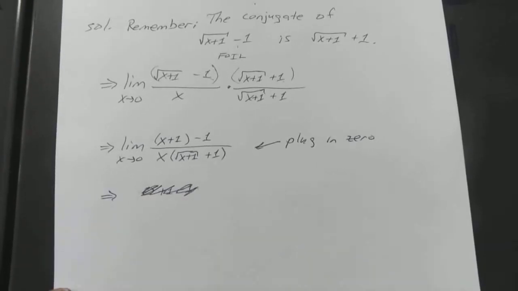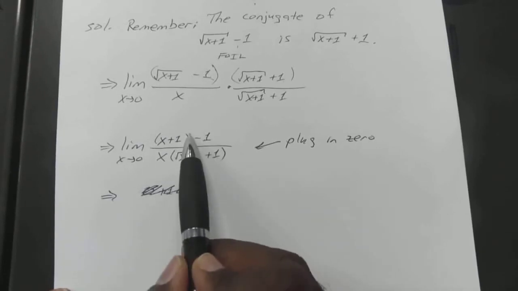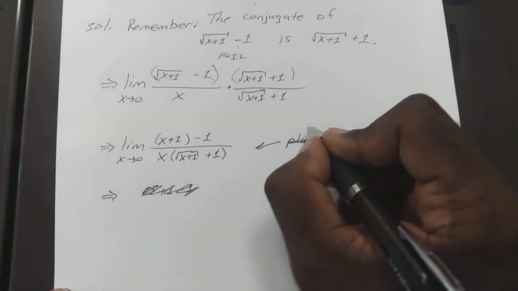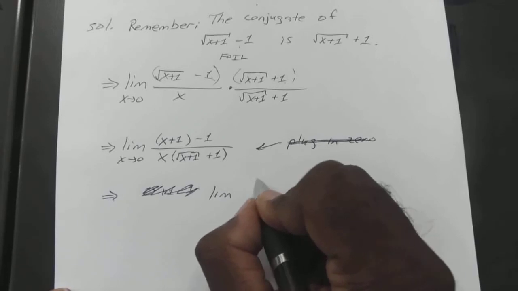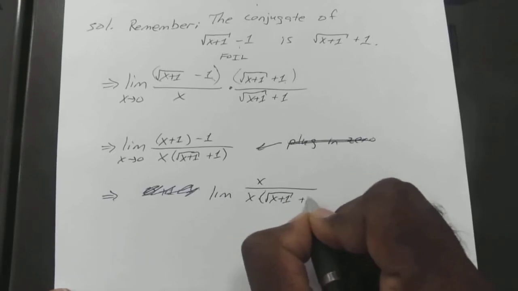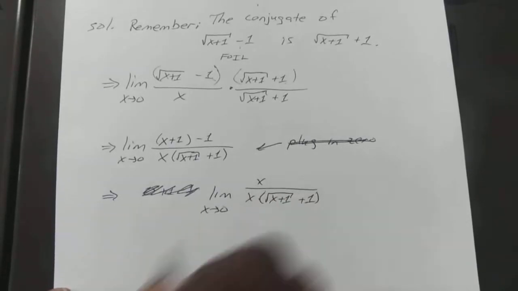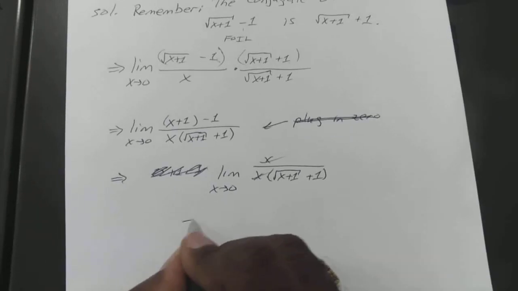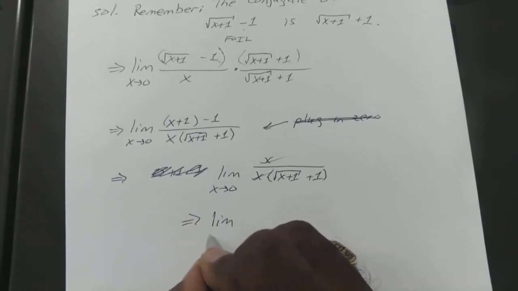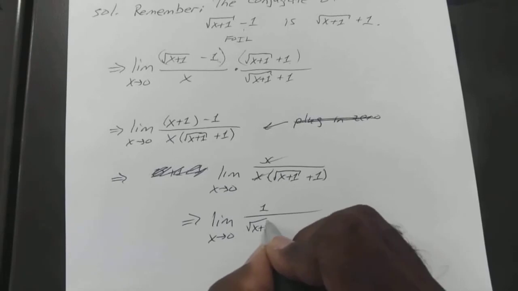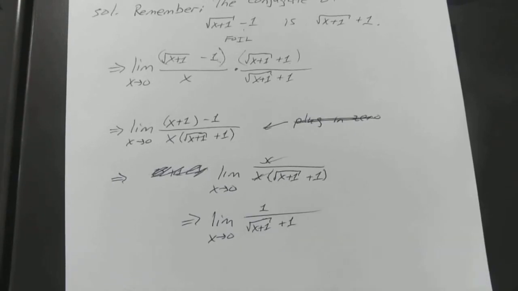Forget that step just yet, because x plus 1 minus 1 is x, so it becomes x over x times square root of x plus 1 plus 1. Sorry about that. The x's cancel out, and that gives us the limit as x approaches 0 of 1 over square root of x plus 1 plus 1. Now we can plug in our 0.